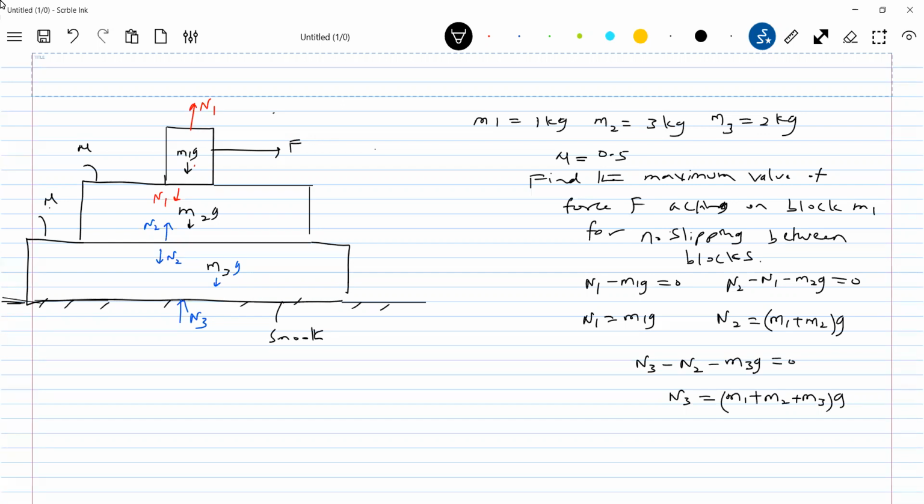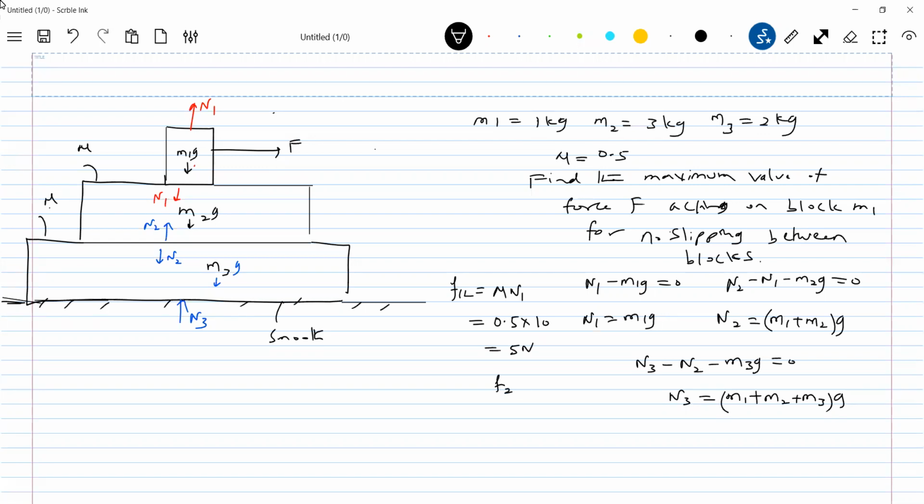Let's calculate the limiting frictions at surfaces 1, 2 and 2, 3. What is F1L? Before jumping into the problem, we should have the limiting frictions to cross check whether what we assumed is right or wrong. So it should be equal to mu N1. The value of mu is 0.5, N1 is 10, so 5 Newton.